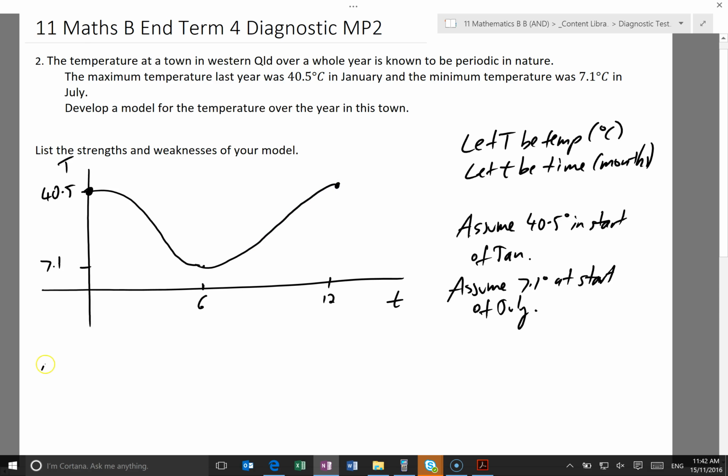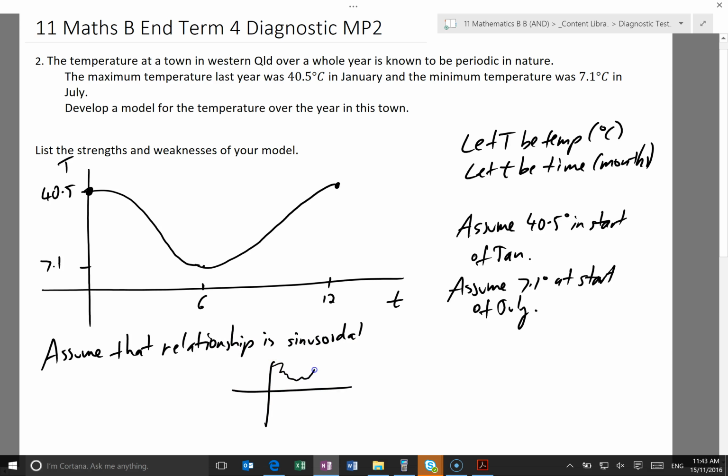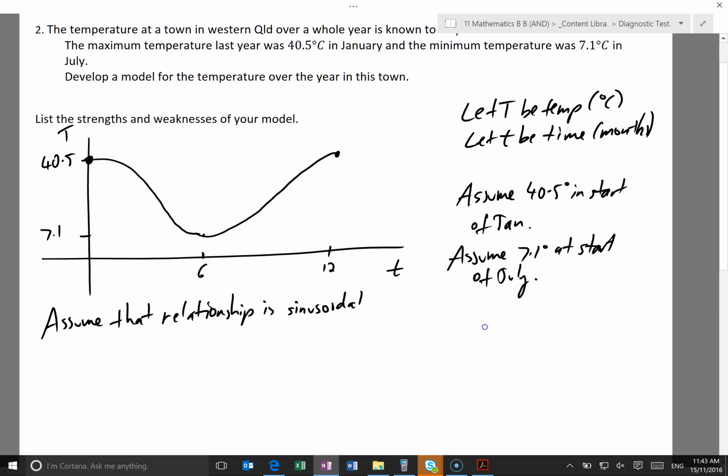So I'm also going to assume that it's sinusoidal. The periodic relationship could have been different every time, but we're assuming that it's one of these nice sinusoidal graphs.